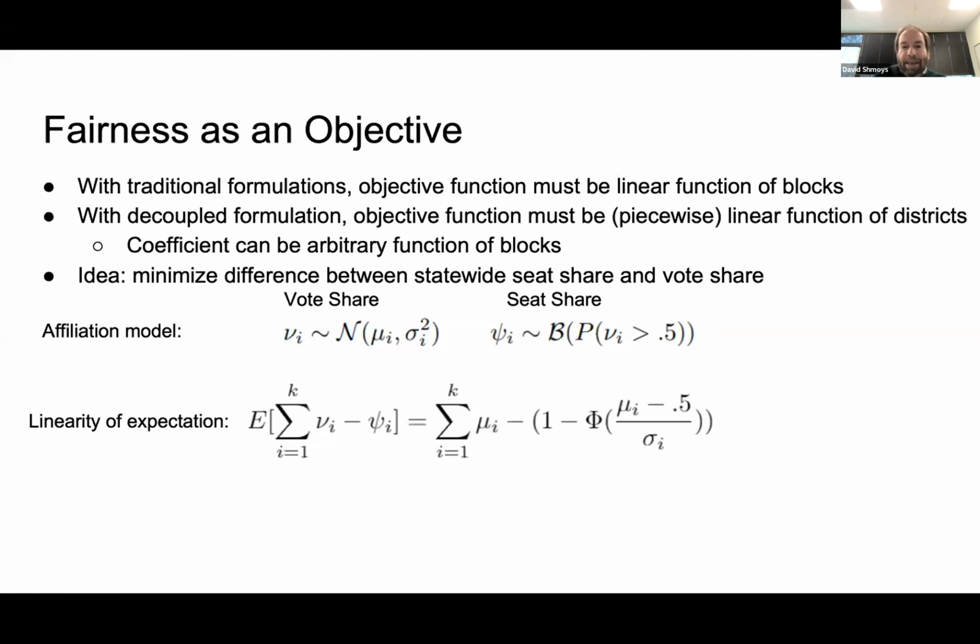Linearity of expectation allows me just to exactly model the expected deviation between the seat share and the vote share of a given state. And so this puts me in a position to exactly map that.